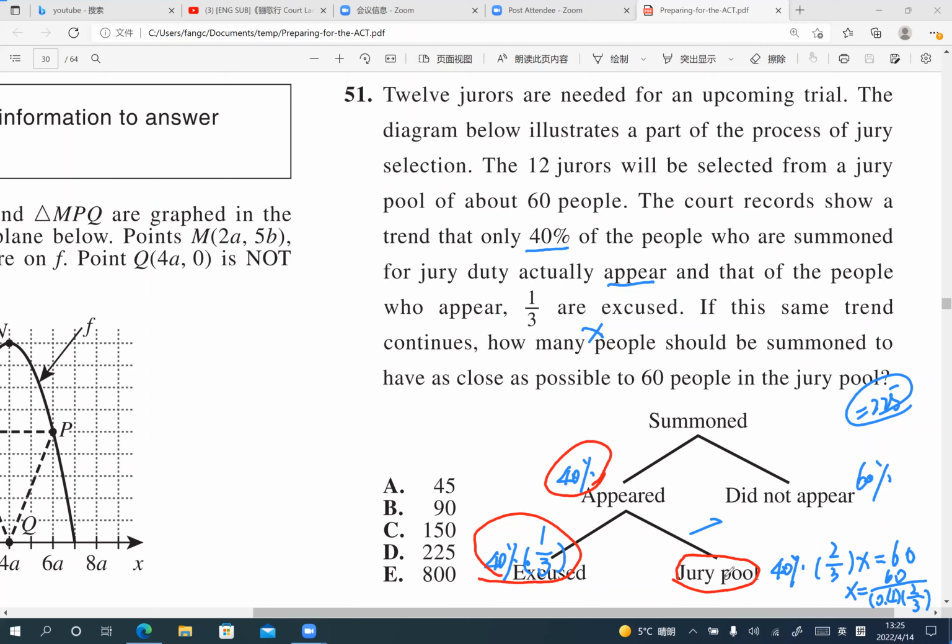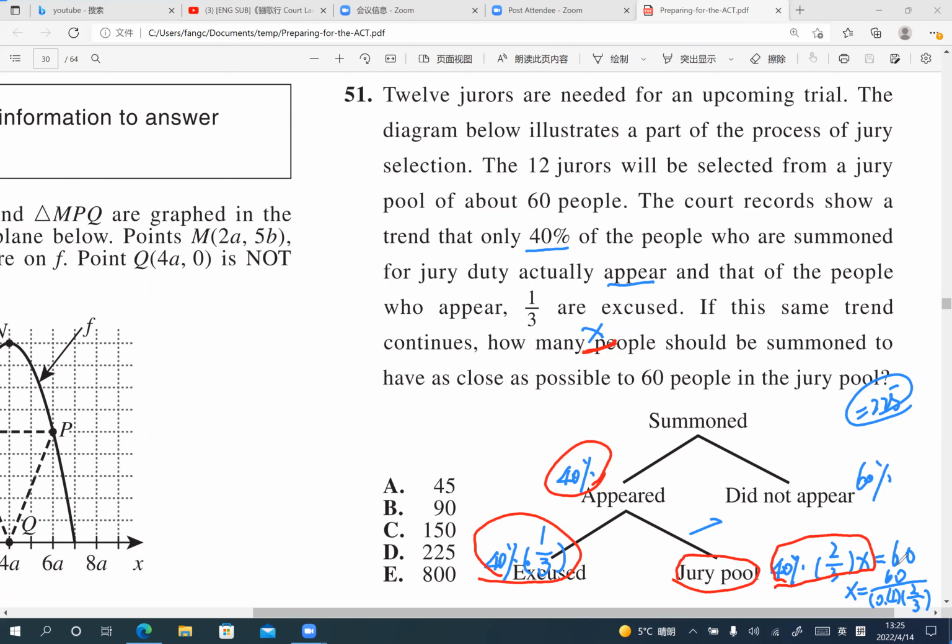And the question is, how many people should be summoned? So if we use x to represent the number of people that should be summoned, we can use 40% times 2/3 times x to represent the number of people who go into the jury pool.